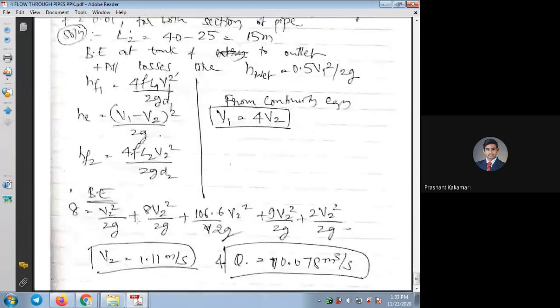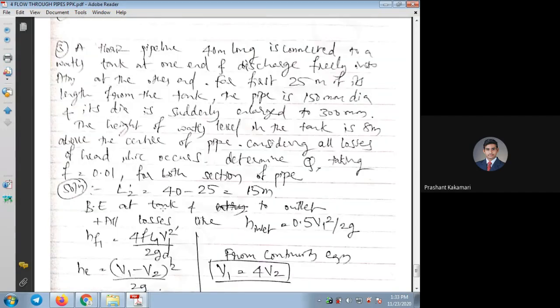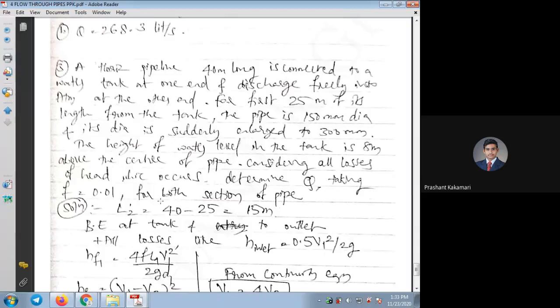So similarly, we have taken all the terms and substituted in terms of V2. So take the Bernoulli equation from the tank to the exit of the pipe. After simplification, see the problem, pressure values are not given.